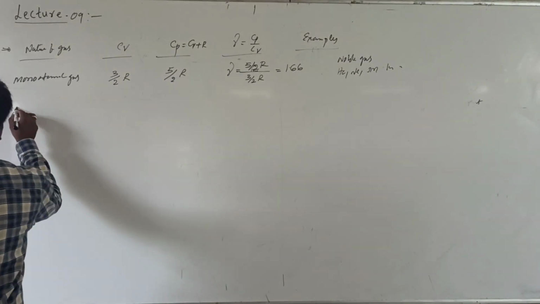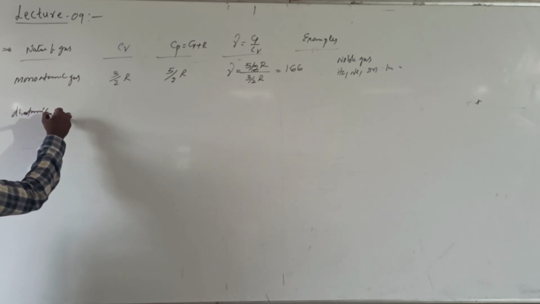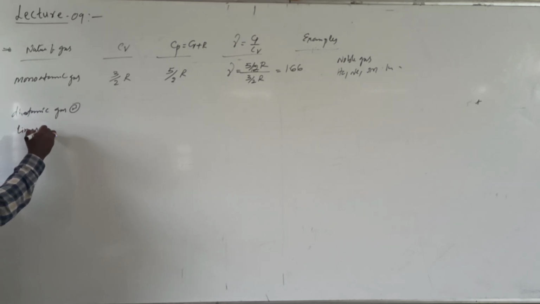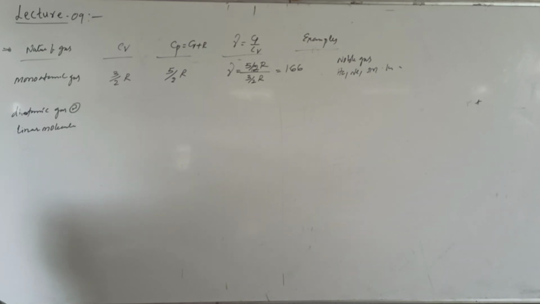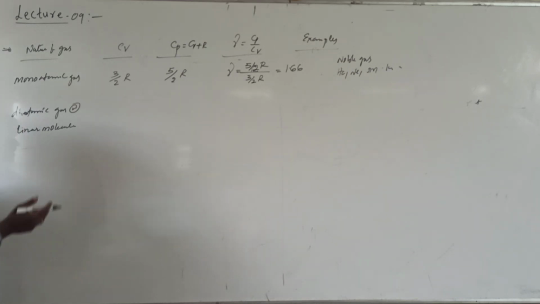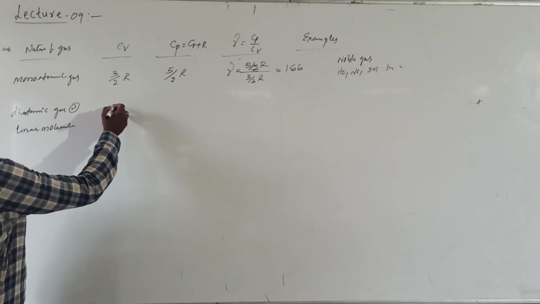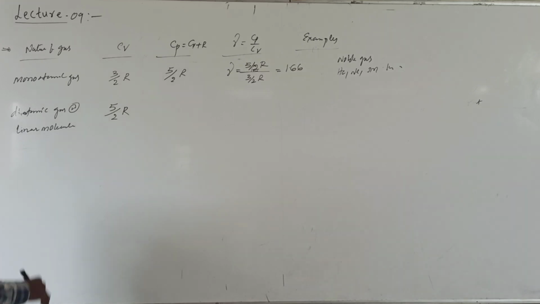Suppose it is a diatomic gas, or we can say linear molecules, diatomic gas molecules or linear gas molecules. The Cv value will be equal to 5 upon 2 R. We don't have the derivation of how these Cp and Cv values come.